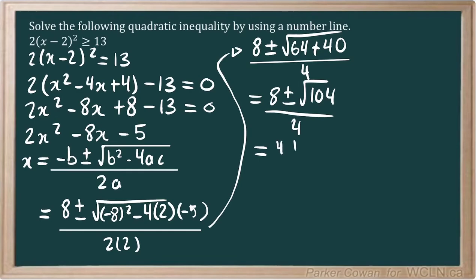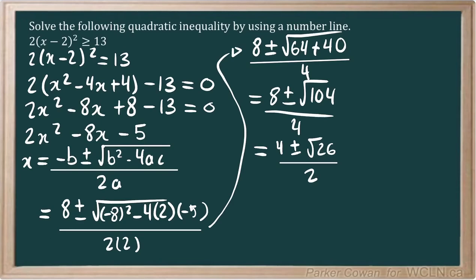And finally, that's going to give us 4 plus or minus root 26 over 2, because what we did is we pulled a 4 out of here, and then the square root of 4 becomes 2, and the 2 and the 4 can simplify, and we're left with this right here. Okay, so we're not going to simplify this any further.